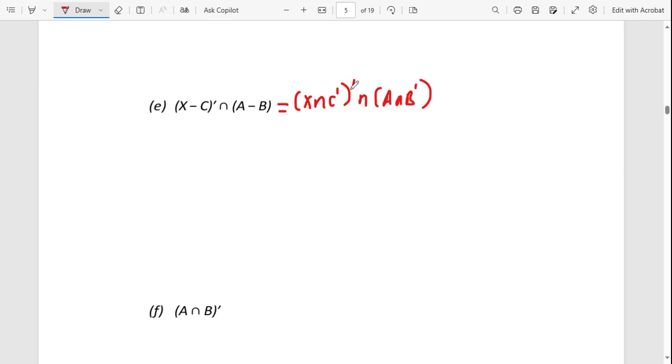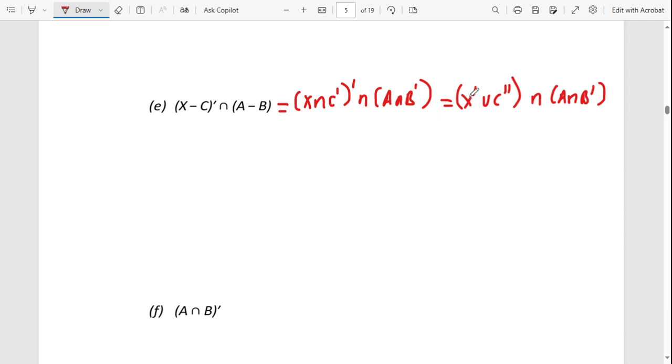Let's distribute the complement that is outside. So that is going to give us X complement intersect. Oh, sorry, the sign changes. Remember, when you distribute a complement, you now have a union C with two complements. And then intersection A intersection B complement. Remember, X is the universal set.